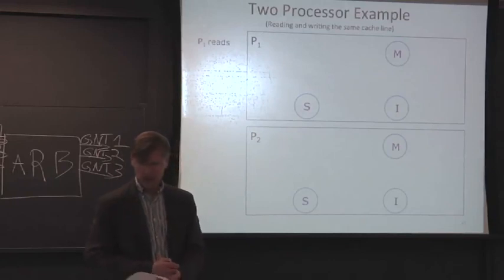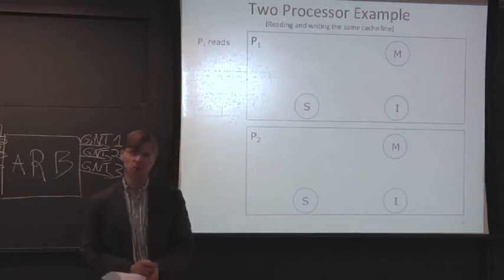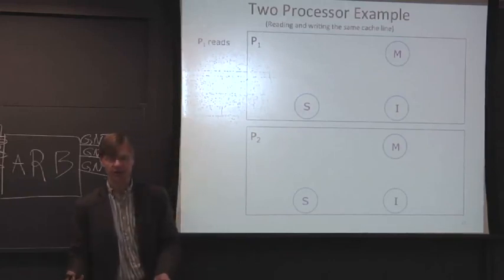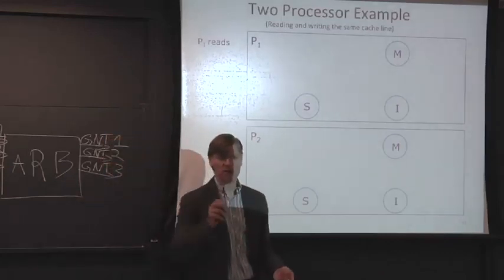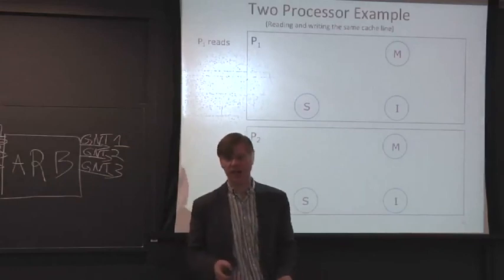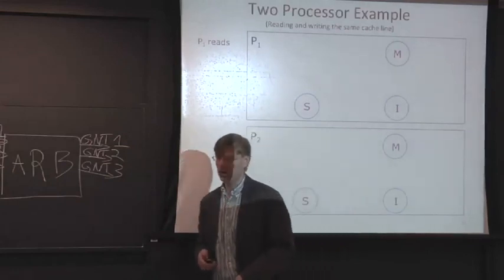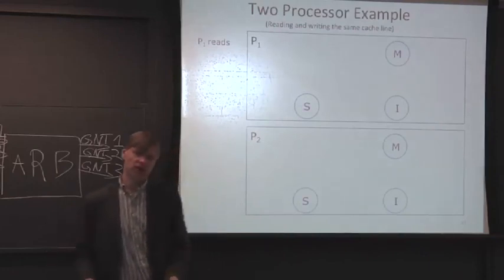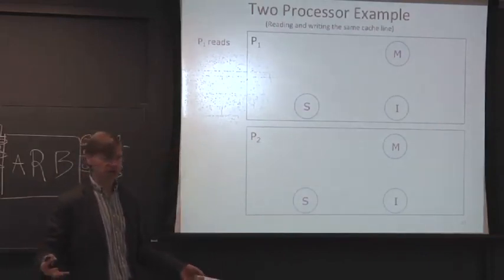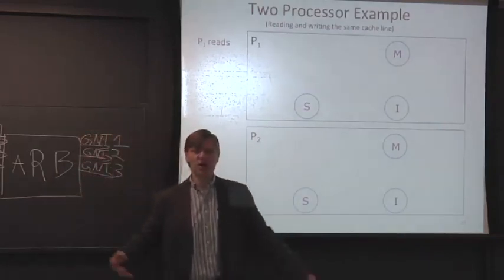So let's say the first thing that happens is processor 1 does a read. And this is all to the same address, or all addresses within a cache line. We're going to assume that all of the data starts out invalid in all the caches. So usually when you reset your computer system, everyone's caches are invalid. How could they not be?